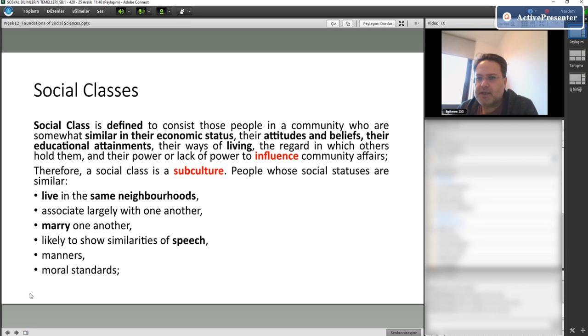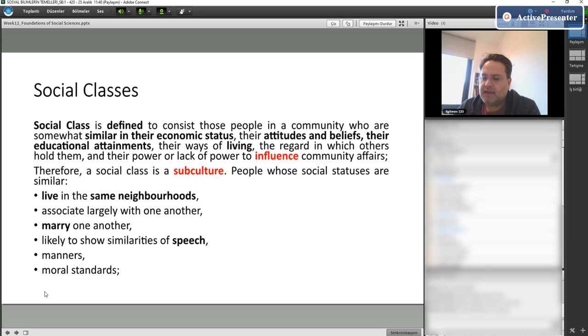Higher education, lower education. There tends to be a trend of people living together in communities that resemble each other, that are similar, in the way they live and in the way they influence community affairs.